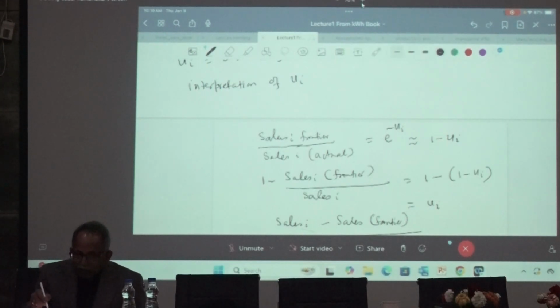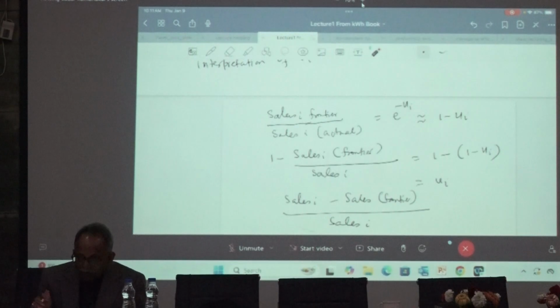What is this whole thing called? This is a percentage measure. So this is a percentage shortfall of your sales. So you can get an interpretation of U even though the model is in log. I can get the interpretation in terms of efficiency and also in terms of inefficiency.